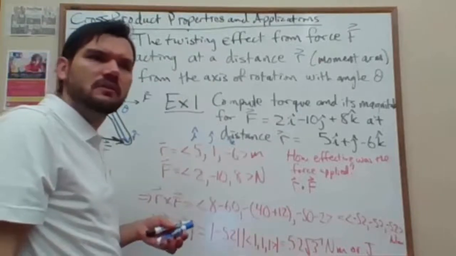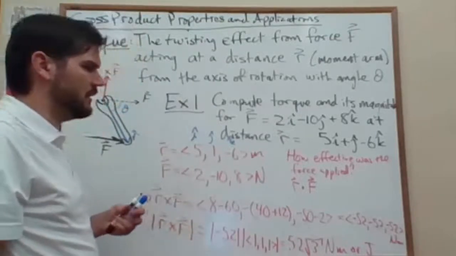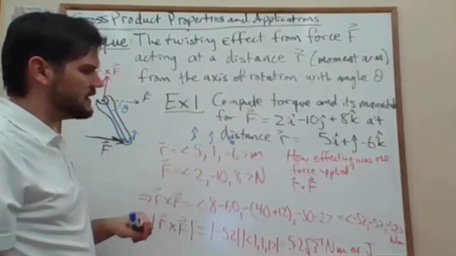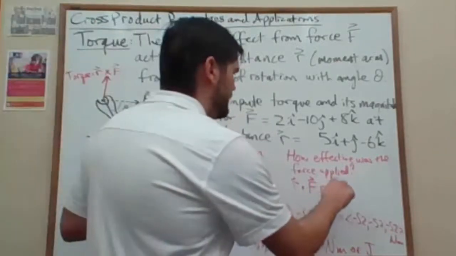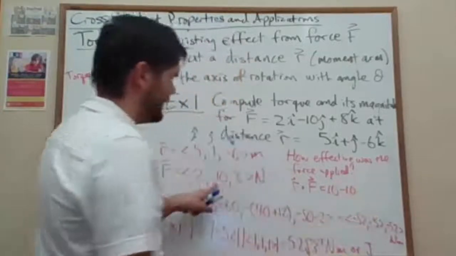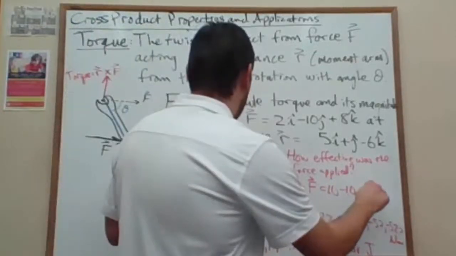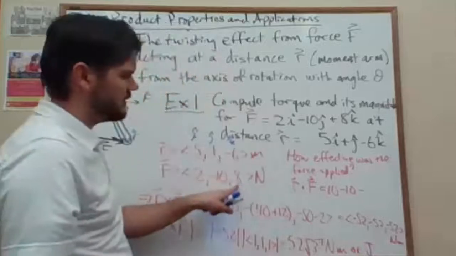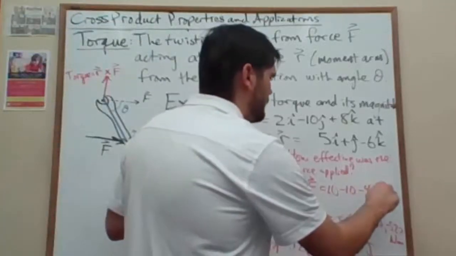The dot product will tell me the cosine of the angle. So if I dot these two together, I get a 10 minus 10 minus 48.